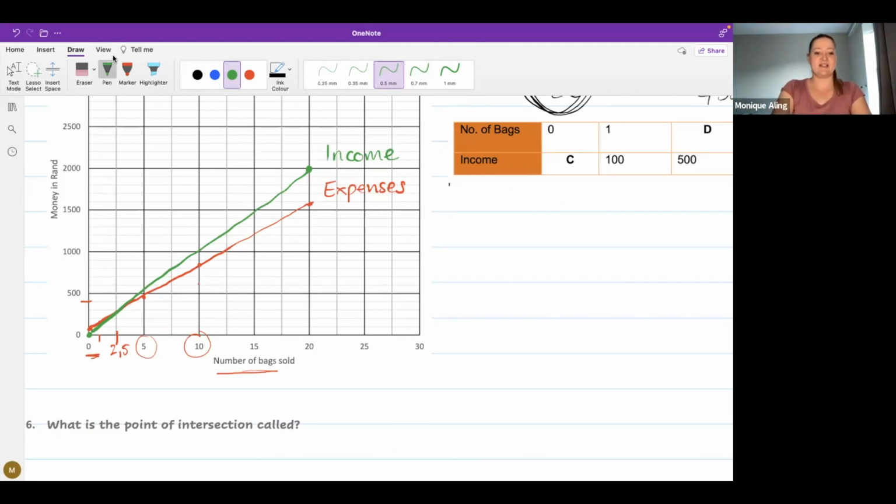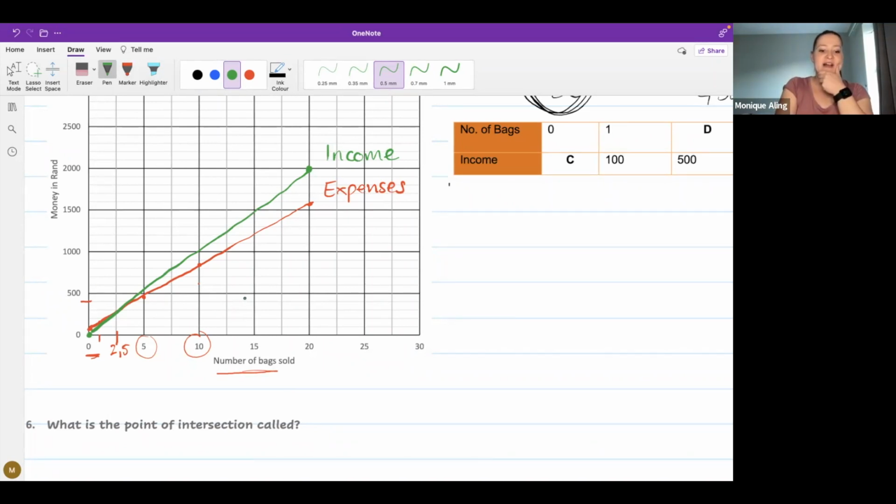Nice, good. Okay, awesome. Nice, guys. And as you can see, we are dealing with the break-even point because the lines have intersected quite close to the beginning of the graph, but that's fine. It doesn't have to be exactly in the middle.